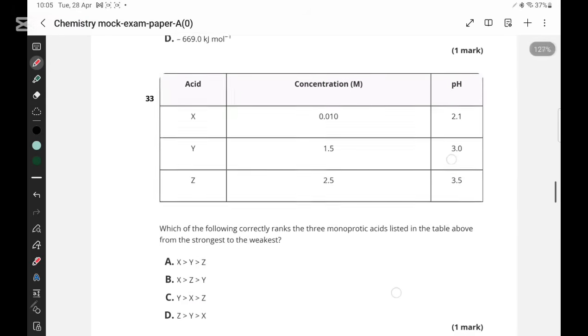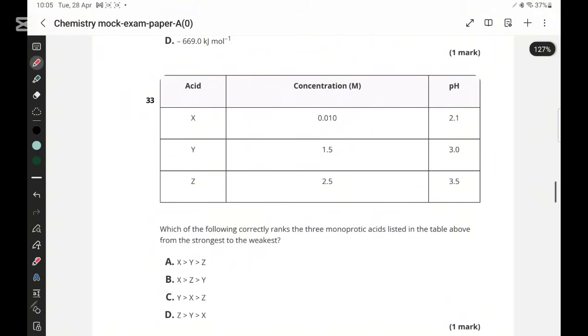For the next question, they are giving us certain acids X, Y and Z. The one with pH 2.1 and the lowest concentration is definitely going to be the strongest acid, because the one which has the lowest pH is going to be the strongest acid.